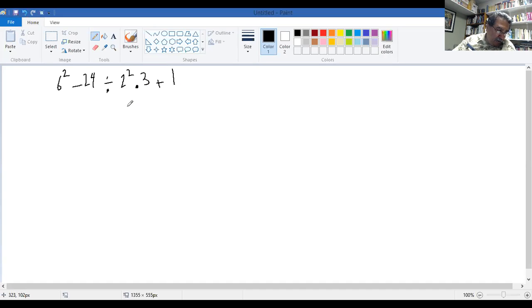First of all, there are no grouping symbols, thus we begin by evaluating exponential expressions. Then we multiply or divide, and finally we add or subtract. So we have 6 to the power of 2 minus 24 divided by 2 to the power of 2 times 3 plus 1. First we do the exponentials.